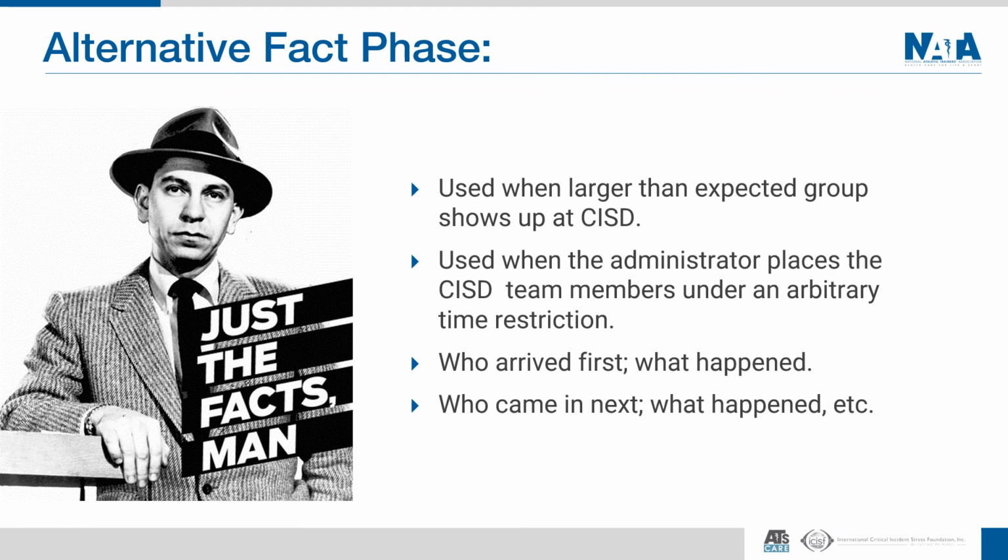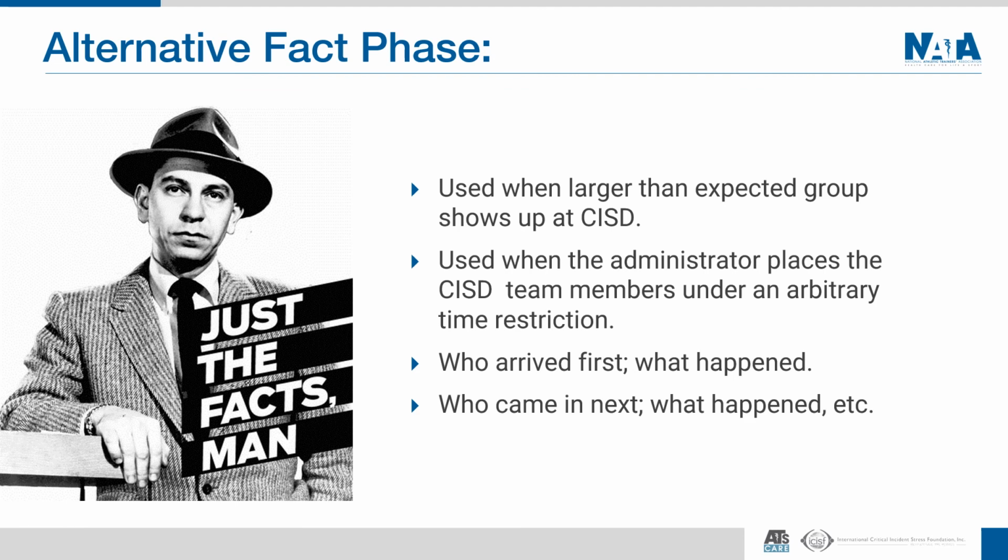Also, when an administrator places the members under an arbitrary time restriction, in other words, a leader, a boss, an officer, whomever has said, oh, we have an hour and a half for this, and that's what we're going to do, then you need to manage your time a little bit.